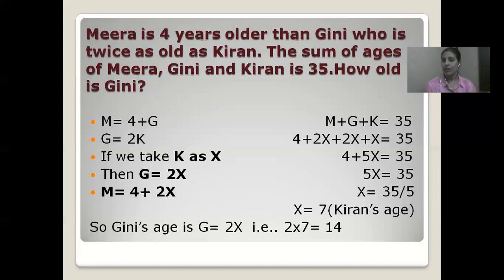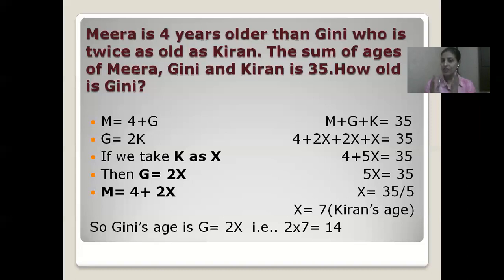Then you see the other part of the question. The sum of ages of Mira, Ginny and Kiran is 35. So you write it as M plus G plus K equal to 35. Then you are substituting this: M is 4 plus 2x, G is 2x, K is x.